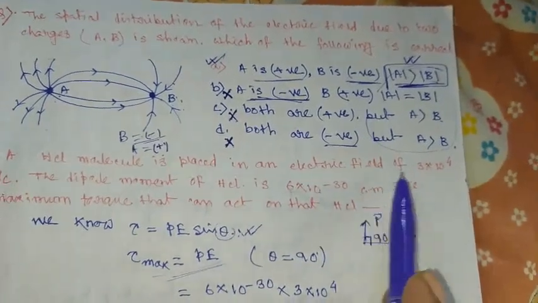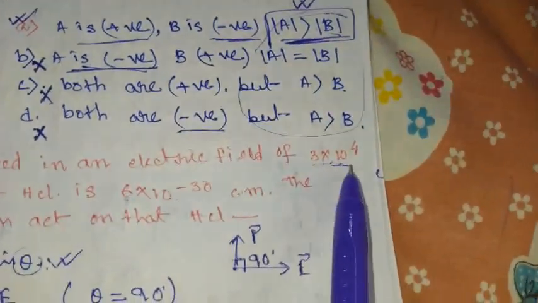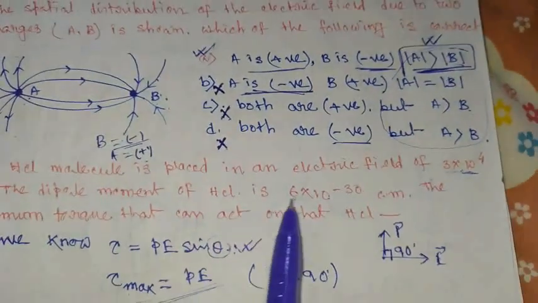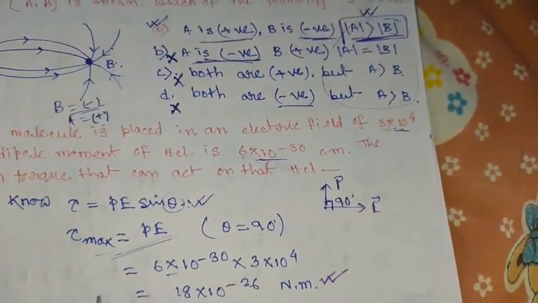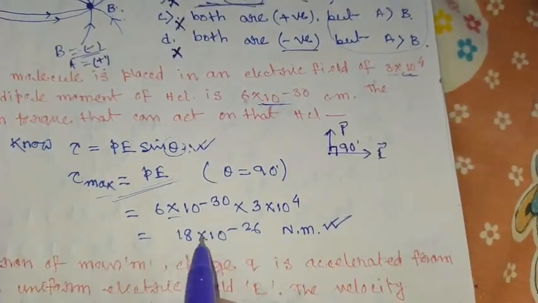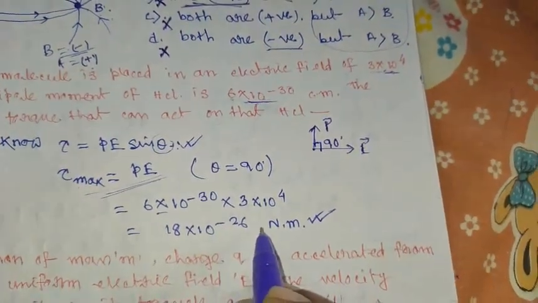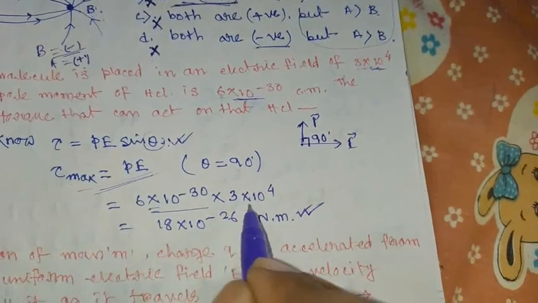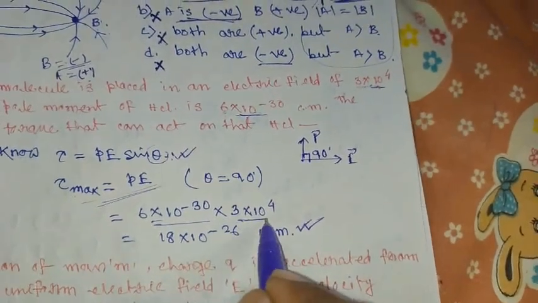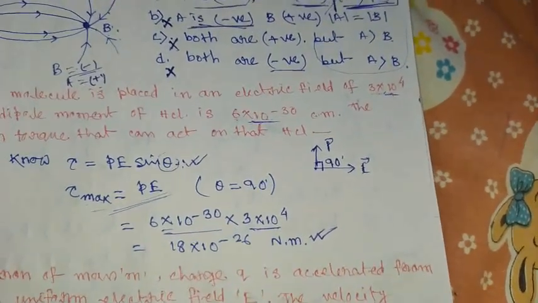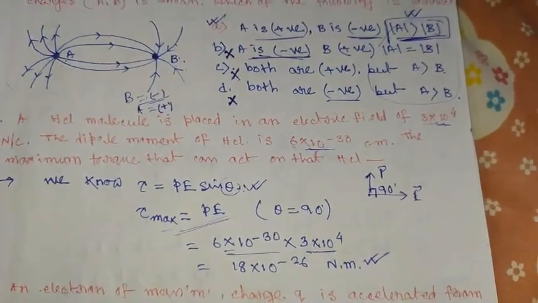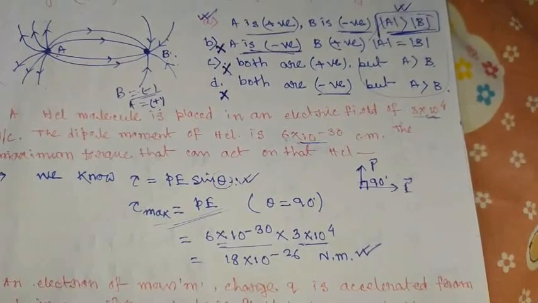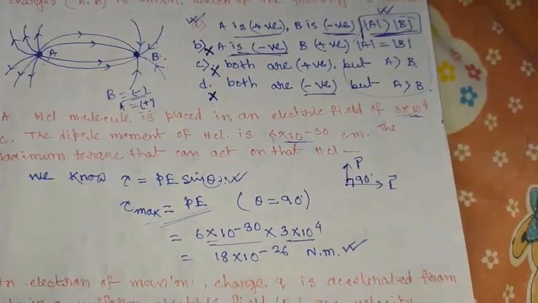So putting in the values of the electric field and dipole moment, you can easily find the maximum torque, which is 18 into 10 to the power minus 26 from the P value and E value. Okay, I hope it is clear. It is a very easy problem.